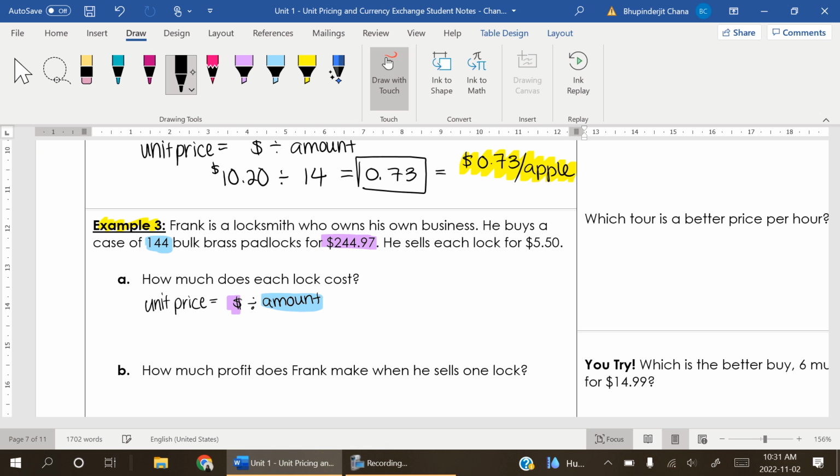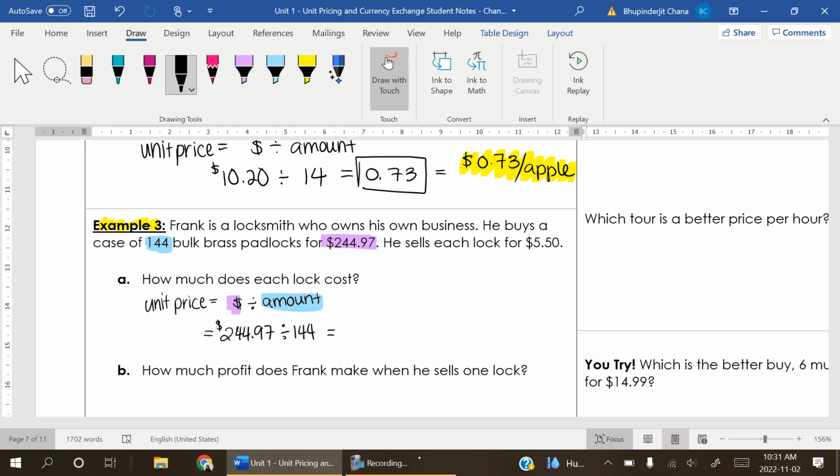Okay, so we'll plug those numbers in. We're going 244.97 divided by 144. Okay, let's take out our calculators together and do this.